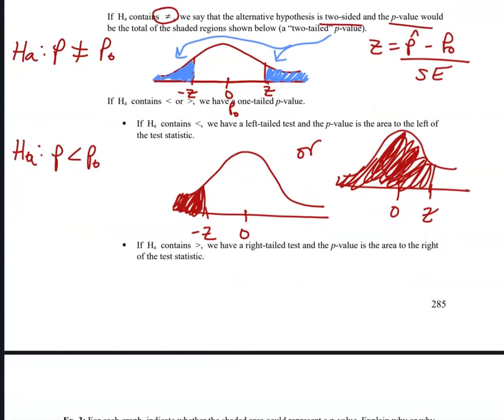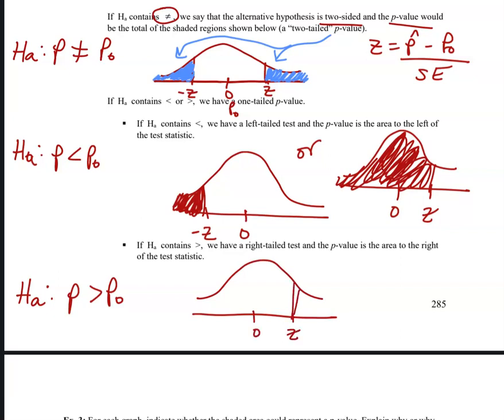If it's a right-tailed test, so that means p is greater than p-naught, your graph would look like this. Maybe your z-score is up here, or potentially you could have a negative z-score down here, but you would still shade to the right.